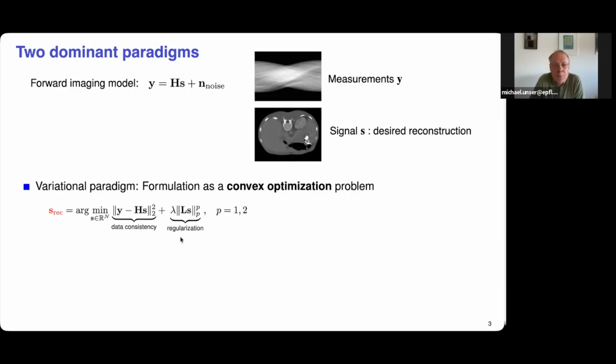Here what we need to minimize is a cost functional with a term that promotes solutions that explain the data well, but because often those problems are ill-posed, or because of the noise, we also impose some regularization, usually using some kind of operator that acts on the data and minimizing some norm. It can be a 1 or a 2 norm, and I'll give you a little more indication.